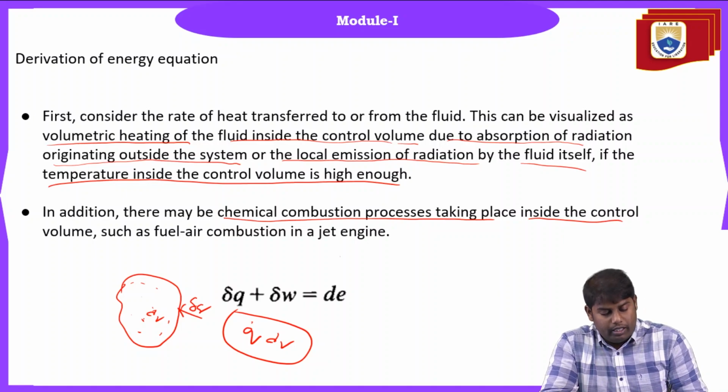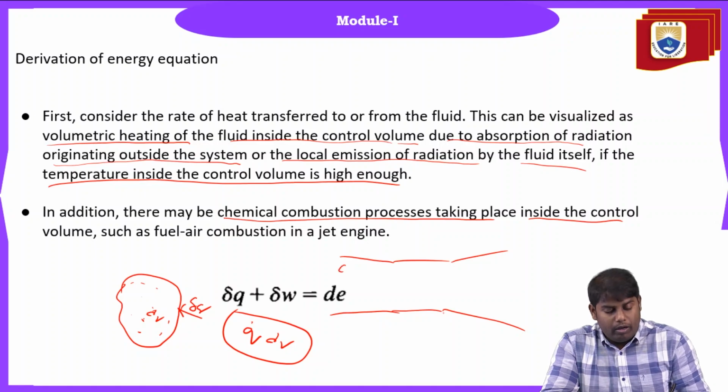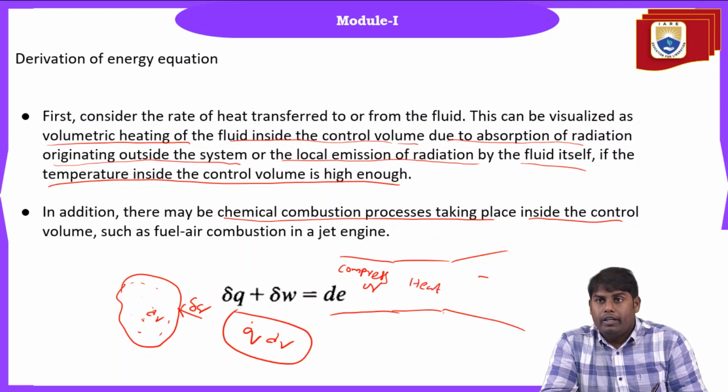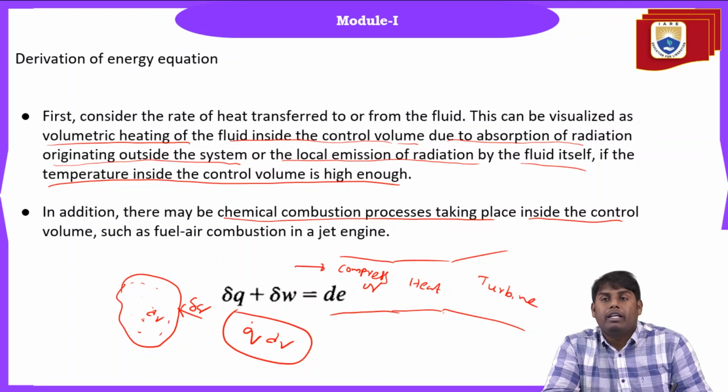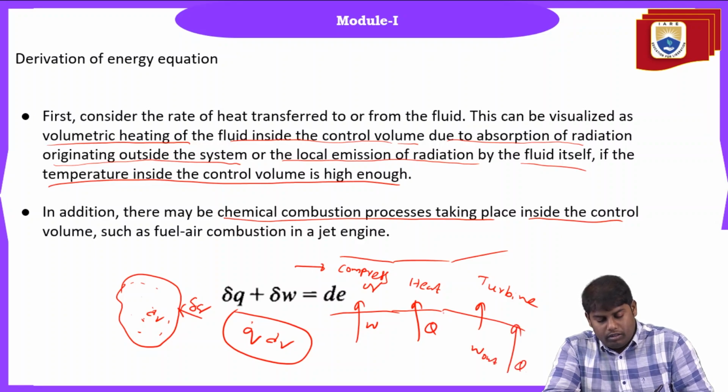So when you take, let's say, an engine, let me draw the diagram. Here you have the compressor, here you have heat, here you have the turbine. When flow is going inside, here there is a work, here there is a Q, here there is a work out or extraction and heat out.